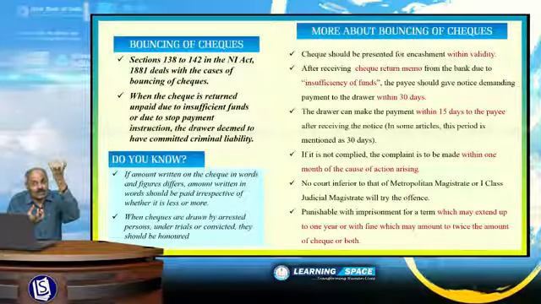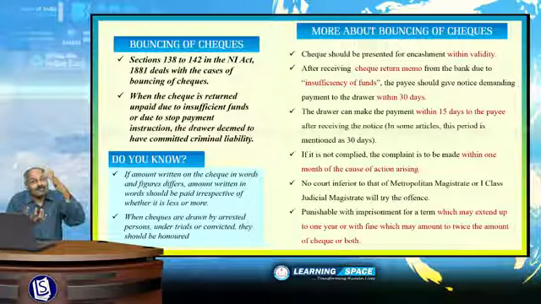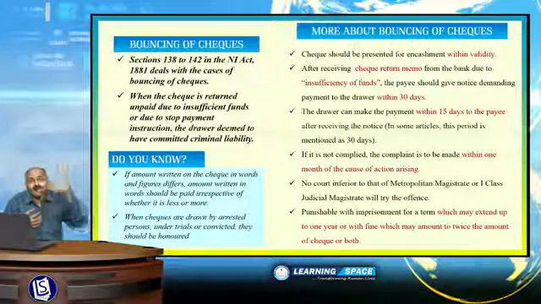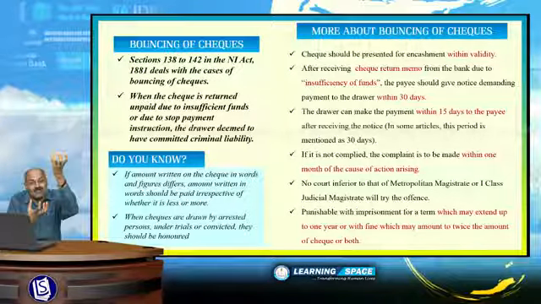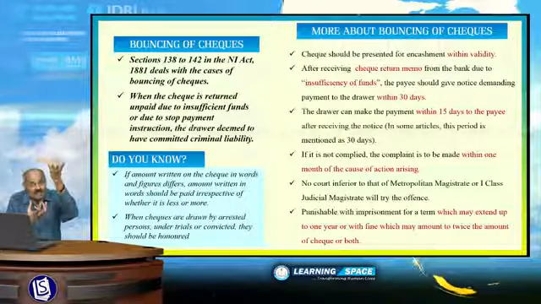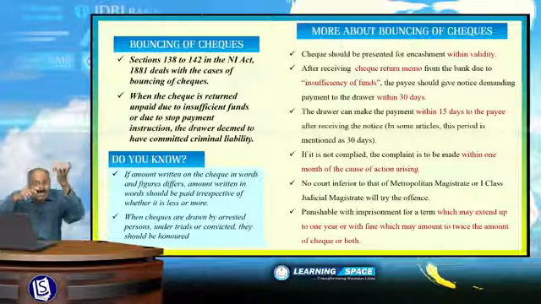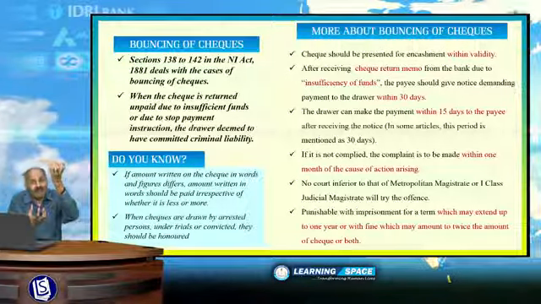He has to write to X within 30 days, and subsequently the drawer of the check, whoever defaulted, can pay within 15 days. That means one more opportunity is given after bouncing the check. X can pay within 15 days.